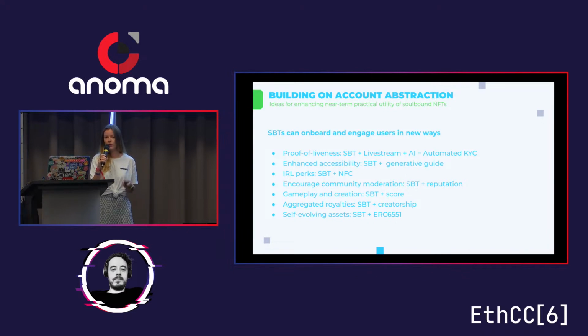You can maybe stick a streaming link into a soulbound token profile, and then look at that with account abstraction, and stick in some AI. You can actually have AI making your KYC process, for instance, a lot more fun. You can make it relevant across profiles, and you can check that your game is being played by real players who continue to be alive.